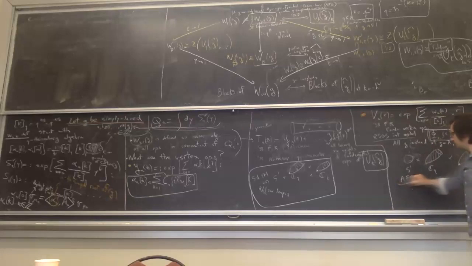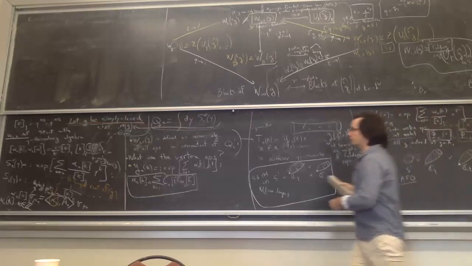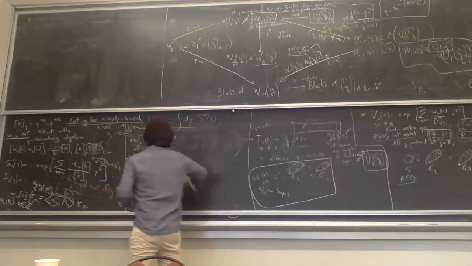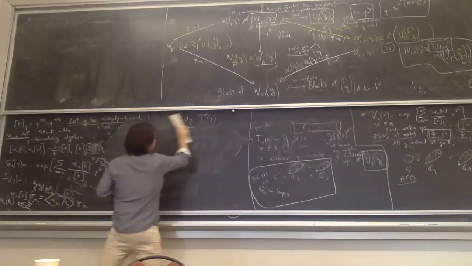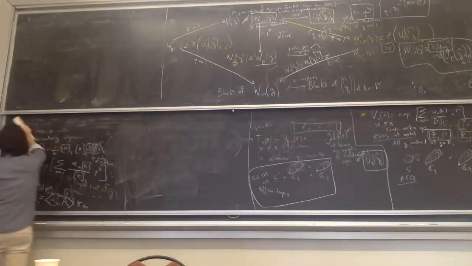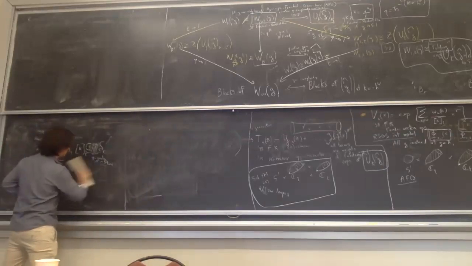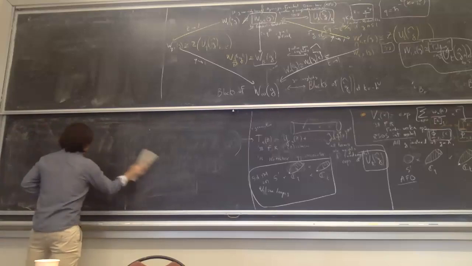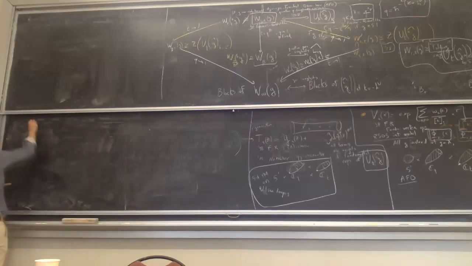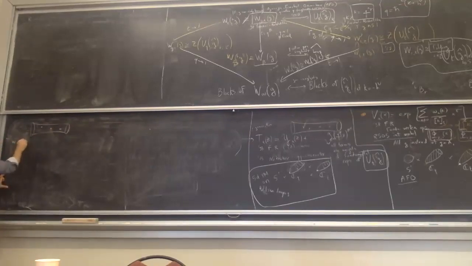AFO, Aganagic-Frenkel-Okounkov, they studied conformal blocks with these particular operator insertions. So the way it works in WQT of G simply laced, you consider a block, and by block I mean the following thing.